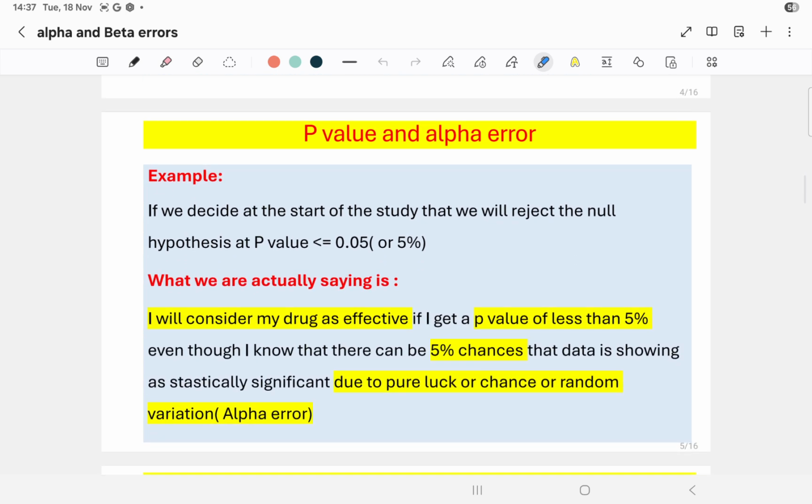So as we have discussed, if we decide at the start of the study that we will reject the null hypothesis at a p-value less than or equal to 5%, what we are saying is that I will consider my drug as effective if I get a p-value of less than 5%, even though I know that there can be a 5% chance that the data is showing statistical significance only due to pure luck or chance or random variation. So a p-value of less than 0.05 means that I am accepting an alpha error of 5%.